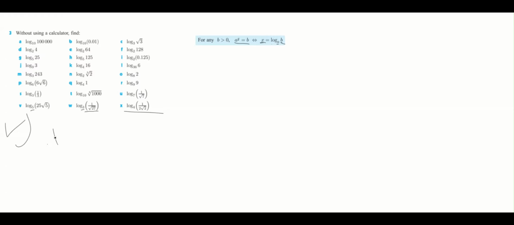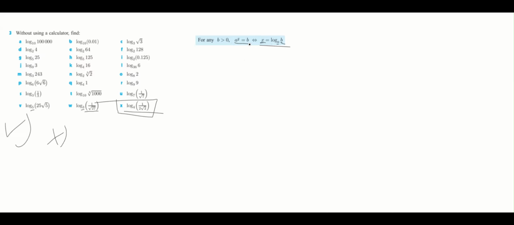Okay, so x is a tricky one. I'm going to go over all of the steps from the start just so you can understand x. It's a bit tricky. So again, we have a logarithmic statement, and we want to turn it into an exponential statement to solve for x, because that's going to be the easiest thing to do. So a is the base, so a is 4, and b is 1 over 2 times root 2.